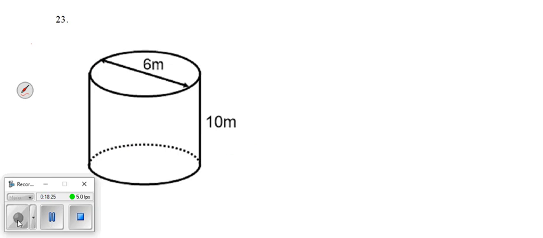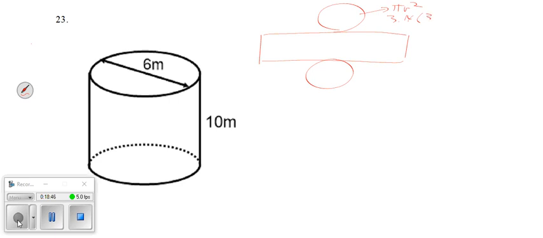Question 23 is our cylinder. And when we do our net, remember that a net consists of a rectangle, a circle, and a circle. So the area of our circle requires a little bit of thinking because it's pi r squared, or 3.14 multiplied by the radius of 3 squared, or 3.14 times 9.